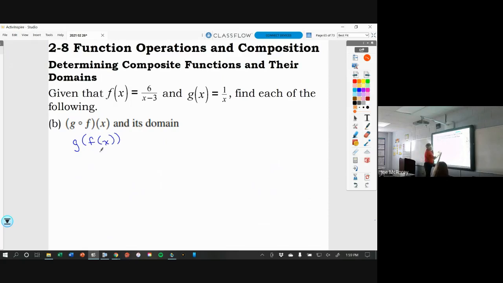So I get 1 over, the f function is 6 over x minus 3. I've got a fraction and a fraction again. Got a problem.